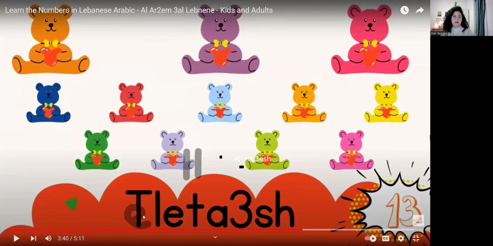13. The same. Instead of saying ثلاثة, you say 13. So it ends with ash. You can add E in the start, or you can just say 13. 13 دبدوب.